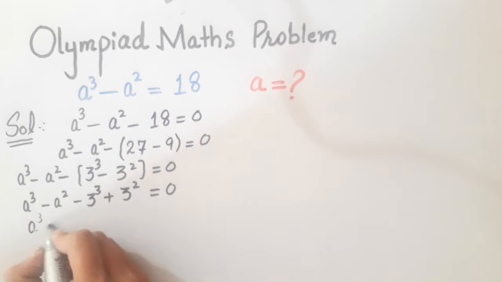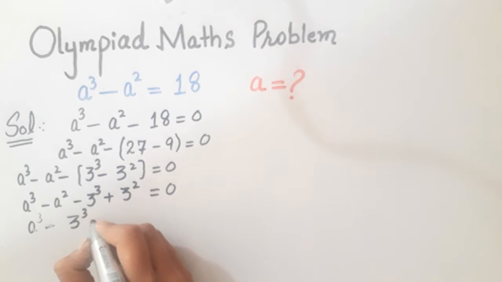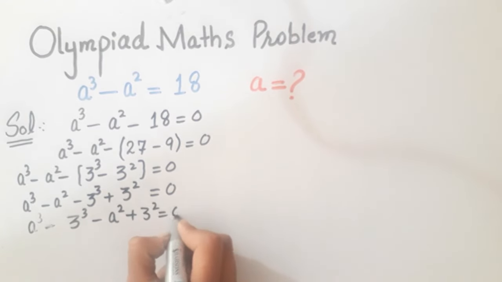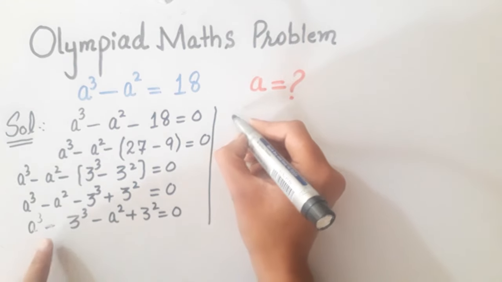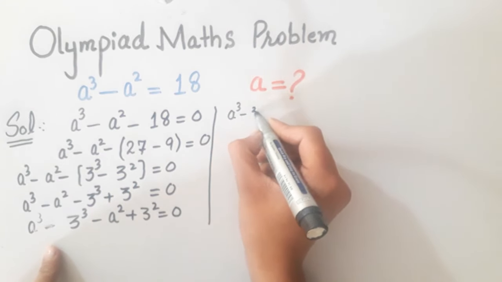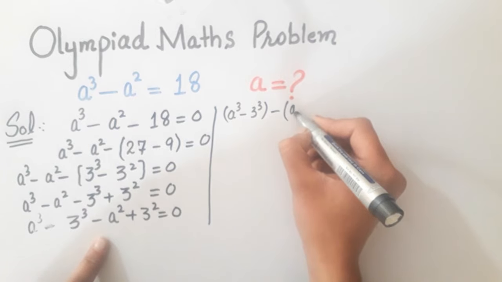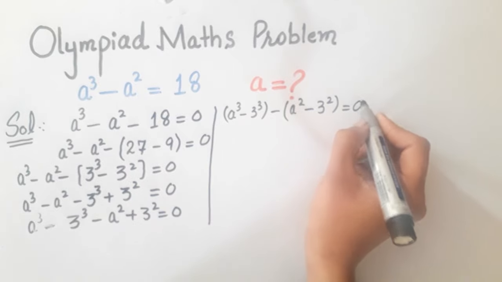Now we get a cube minus 3 cube minus a square plus 3 square equals 0. Now here we can apply the formula: a cube minus 3 cube and minus a square minus 3 square equals 0.